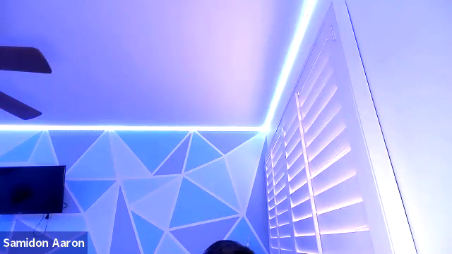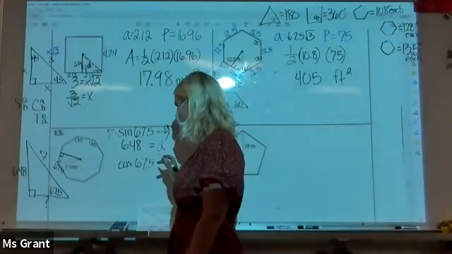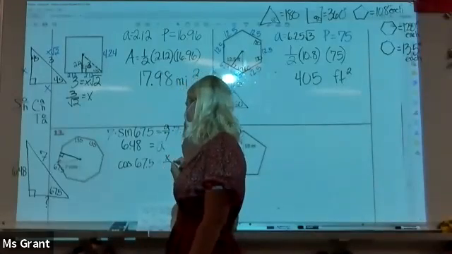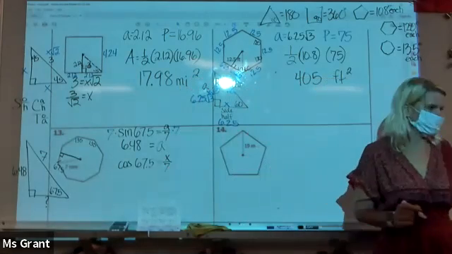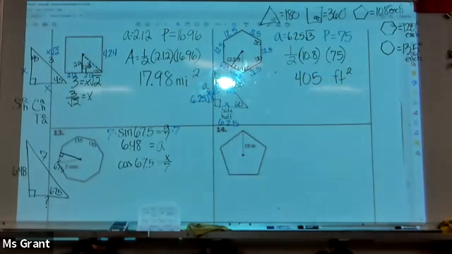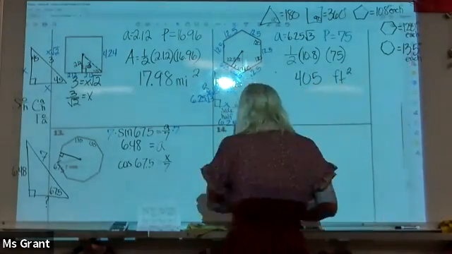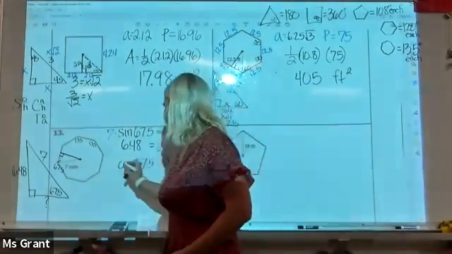Cosine, the angle measure always goes after the word, equals adjacent over hypotenuse. x over 7. To clear and get the x, I'm going to multiply by this denominator, 7, on both sides.